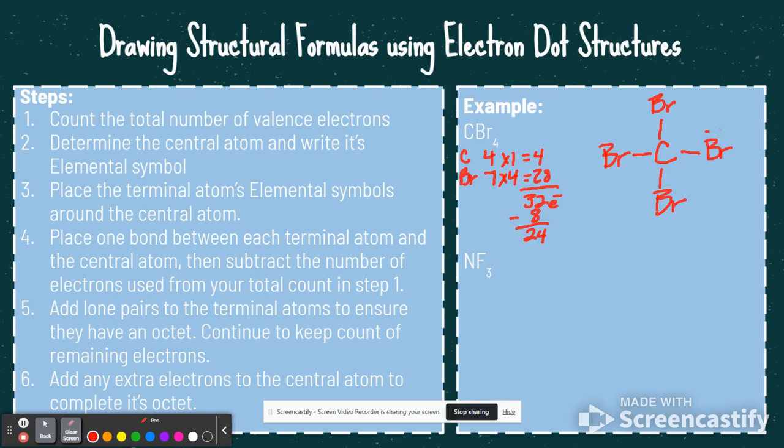So we're going to go 2, 4, 6, 8, 10, 12, 14, 16, 18, 20, 22, 24. Okay, and that actually took care of the rest of my electrons, and so I should end up with 0 at the end, so I know that I accounted for all of them.